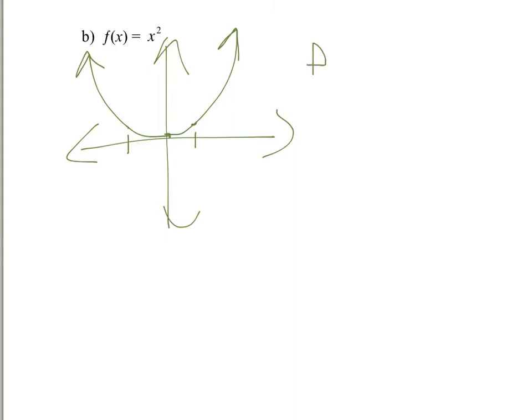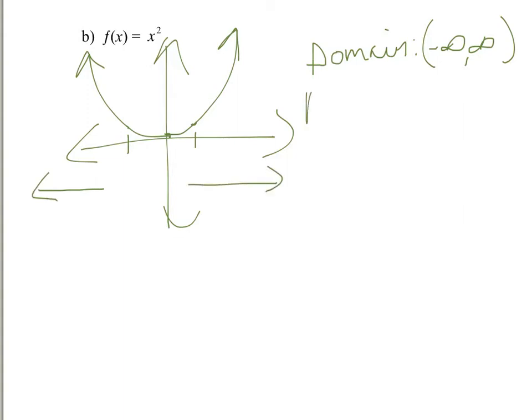Well, it's very obvious from the graph that the domain extends from -infinity to infinity because every x value, it goes on and on forever this way and on forever this way. However, for our range, we are limited. If you notice, this graph never goes below this point or this height on the y-axis of 0.